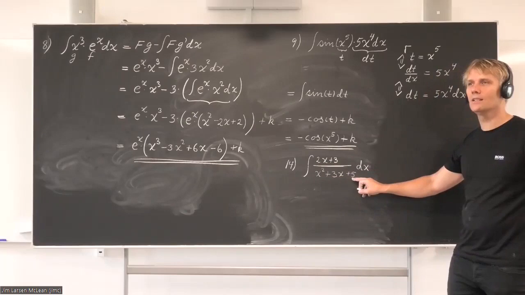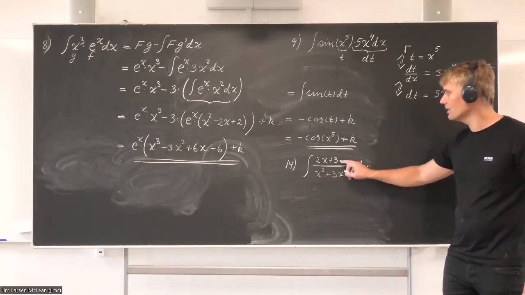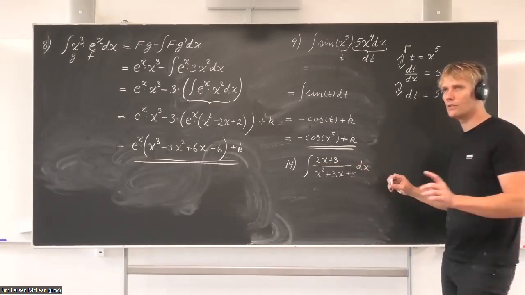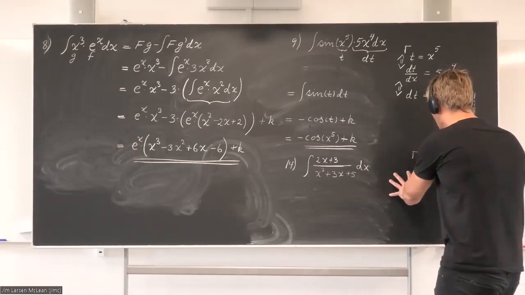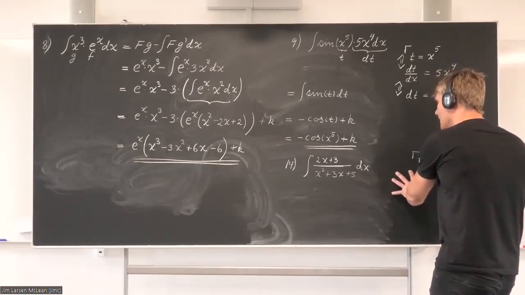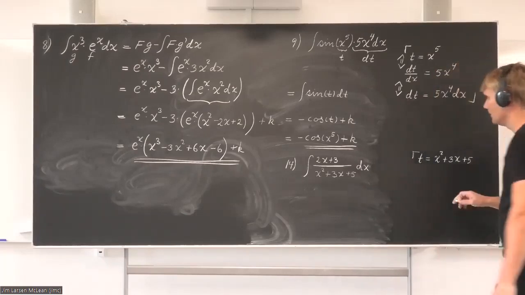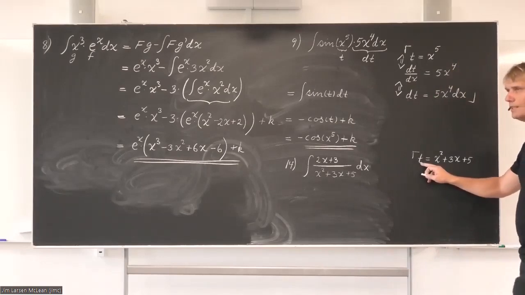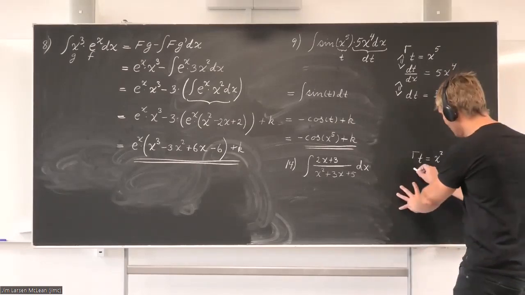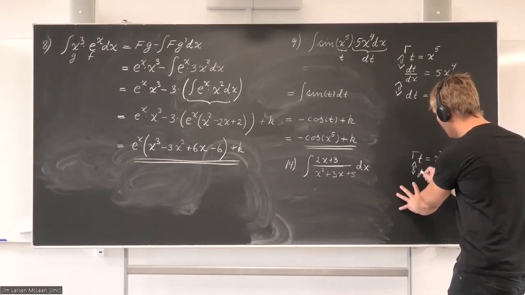So I can see I could call the whole denominator t, because the whole denominator differentiated gives the numerator. And if you do that, some magic happens. Let's try setting t equal to x squared plus 3x plus 5. Again, start by differentiating t with respect to x. It's called dt over dx.